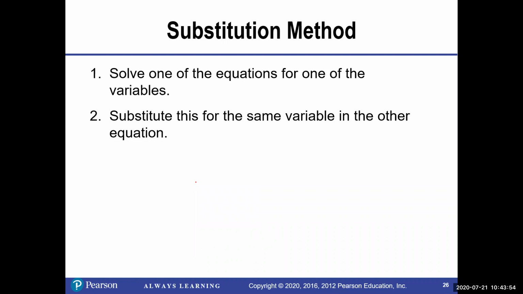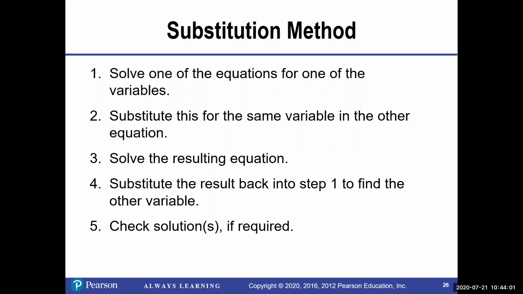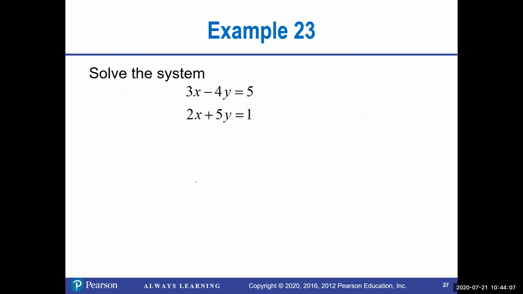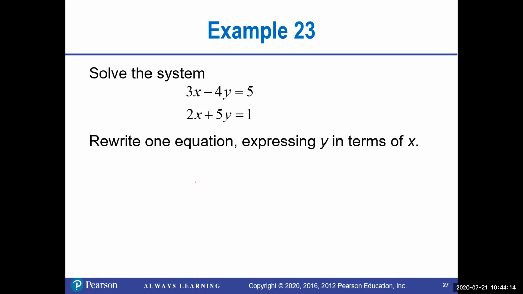Now, there's another way to do this, and that's what we call substitution. These are the steps you go through to use substitution. For the substitution method of systems of equations, you make one variable the subject. So these are the two equations. You make one variable the subject in either equation 1 or equation 2, and you insert it into the other equation to find the other variable.